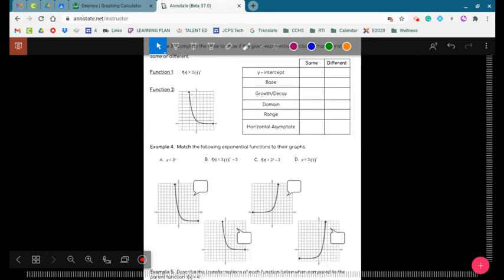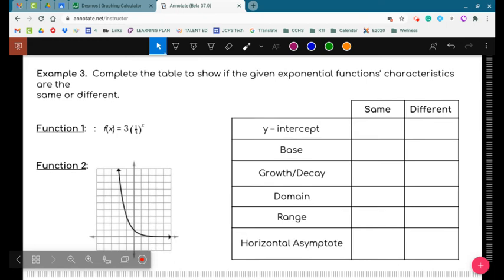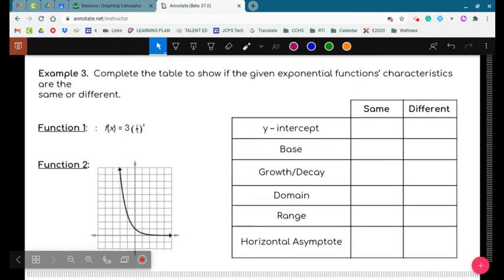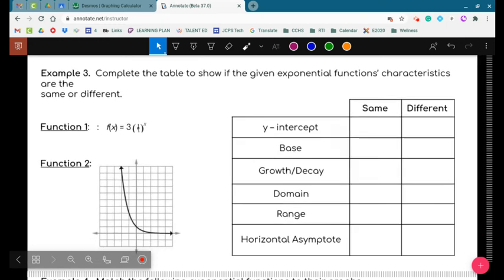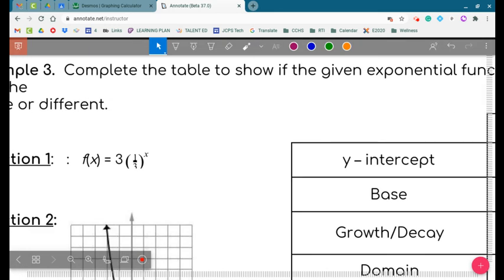Okay, back page. So again, we have one of our same or different. It says complete the table to show if the given exponential function's characteristics are the same or different. So we're going to graph y equals 3 times 1/3 to the x in our graphing calculator.